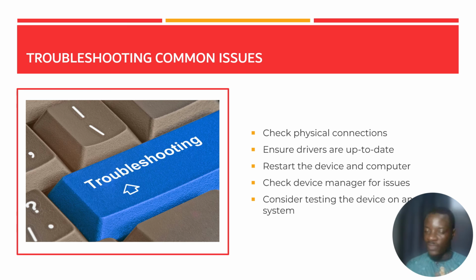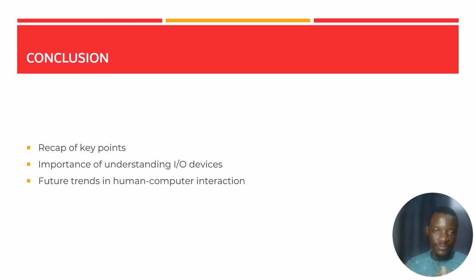On Windows, the Device Manager can help you identify problems. If all else fails, try the device on another computer to determine if the issue is the device or your system. These are ways you can troubleshoot most peripherals.